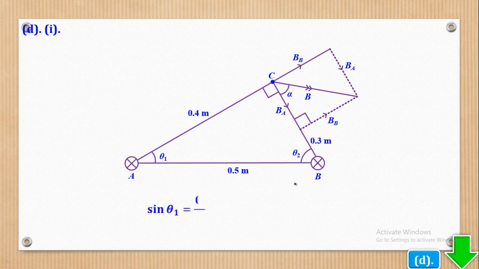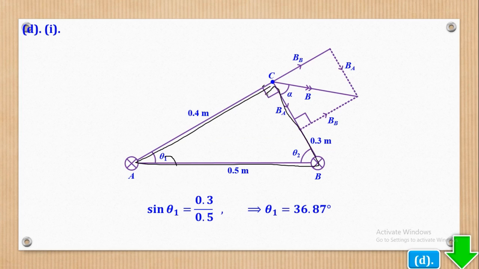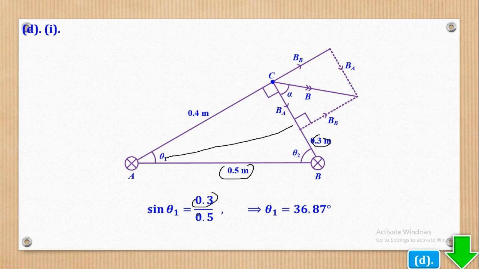So with that sketch, we can now go ahead to answer our questions, but we need to get some of the angles. This angle theta, the good thing, this is a right angled triangle, therefore sine theta is equal to opposite over hypotenuse. So this angle here, the opposite will be this, which is 0.3, and here over hypotenuse, which is this, which is 0.5.